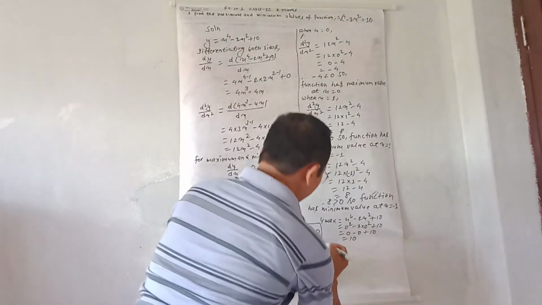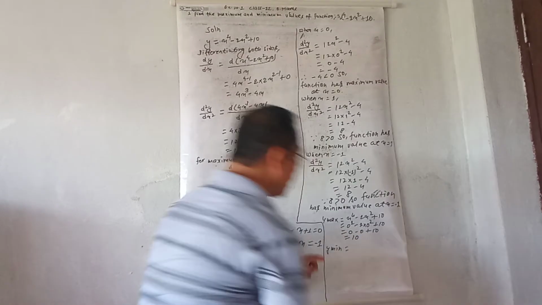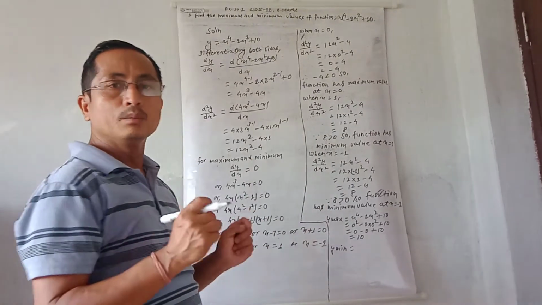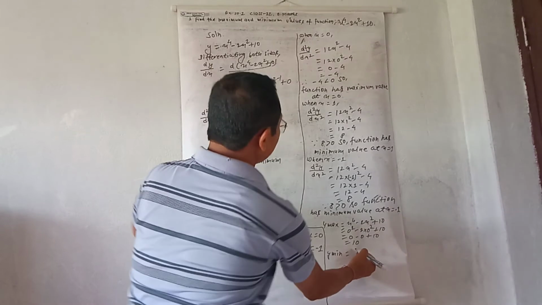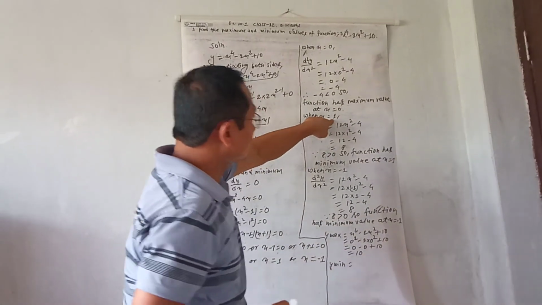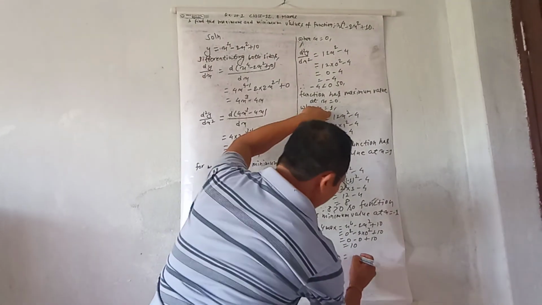So here y min is the symbol of minimum value. Y min is equal to x power 4 minus 2x square plus 10. When x is equal to 1, the function has a minimum value, so in place of x we put 1.